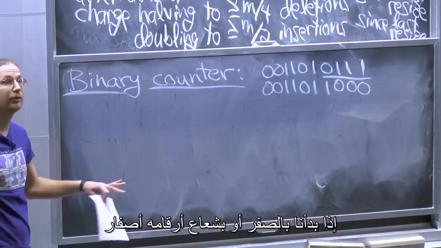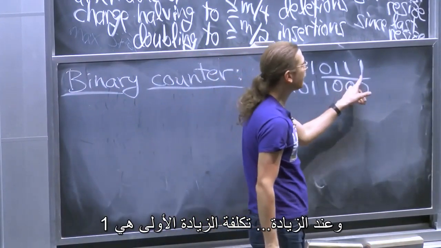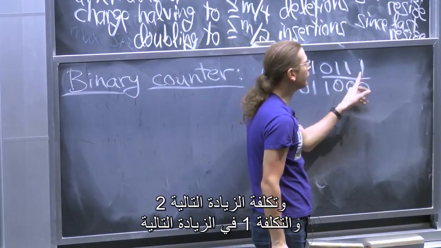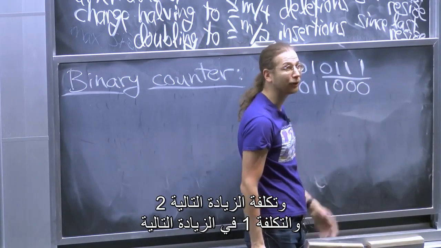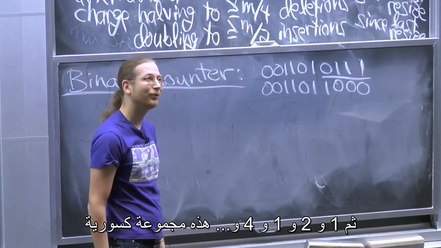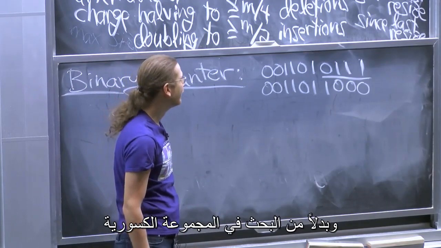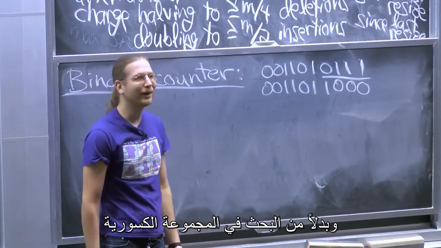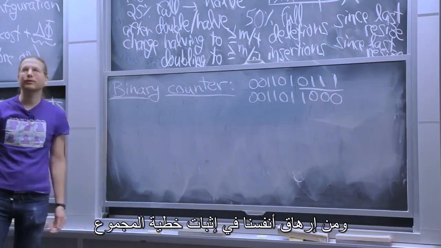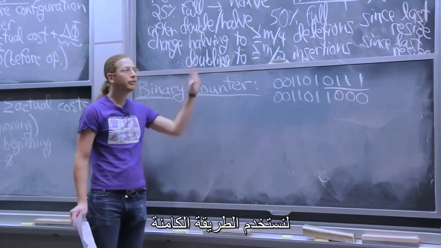If I start with a 0 vector, a 0-bit vector, and I increment, well, the very first increment costs 1, the next increment costs 2, the next increment costs 1, the next increment costs 3, then 1, then 2, then 1, then 4, then, it's a fractal. But instead of thinking about that fractal and working hard to prove that the summation is linear for n operations, let's use the potential method.